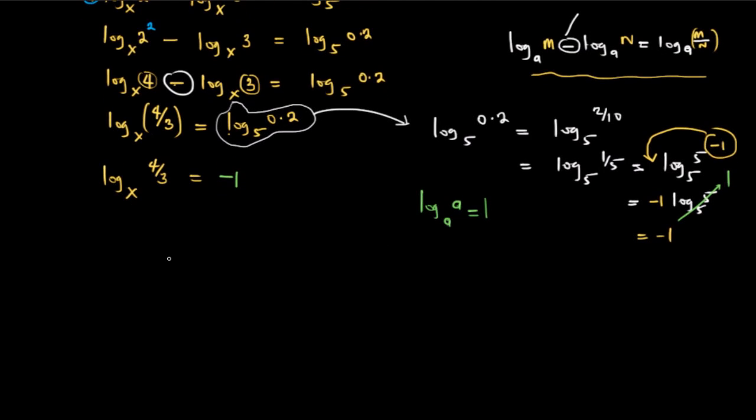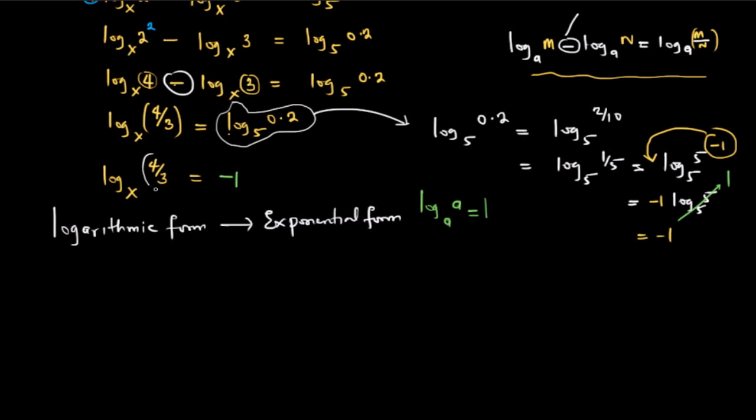So let me just write that down. I want to change from logarithmic form to exponential form. To change an equation in logarithmic form to exponential form, this is the procedure you carry out.